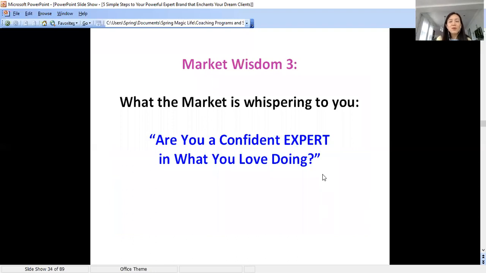So the market wisdom 3 we're learning from this mistake is the market is whispering to you: are you a confident expert in what you love doing? Whisper that voice to yourself. Next time I want to challenge you, when you're looking into the mirror, ask yourself, am I a confident expert in what I love doing?